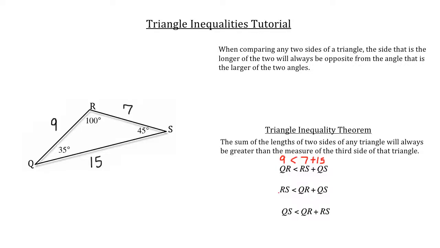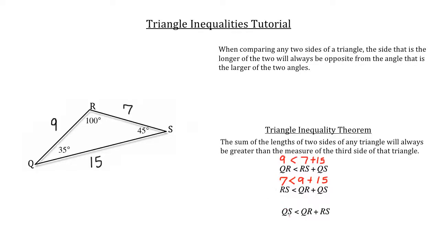The second piece of information that follows the triangle inequality theorem is that segment RS, which has a length of 7, is less than segment QR, which has a length of 9, plus segment QS, which has a length of 15. The sum of 9 and 15 is 24, which is definitely greater than 7.